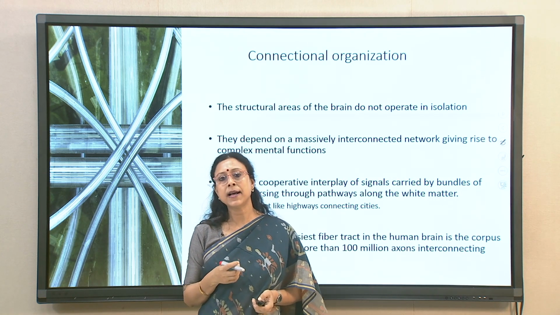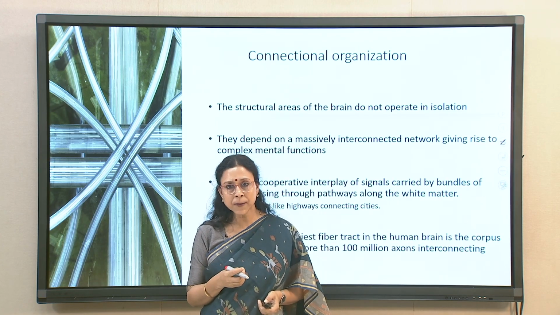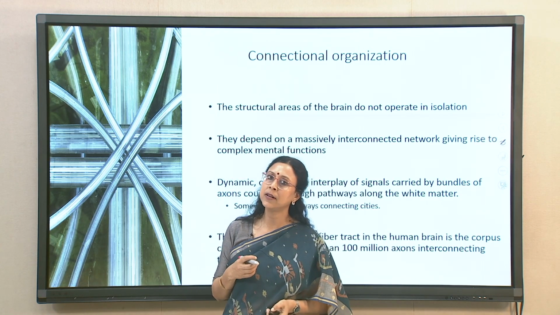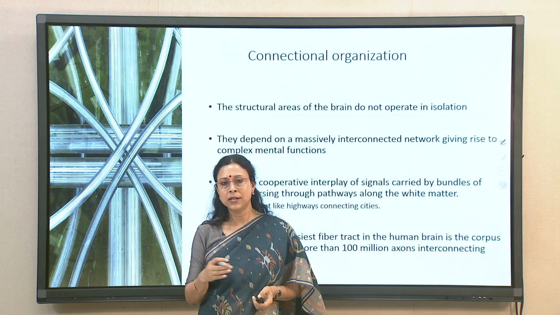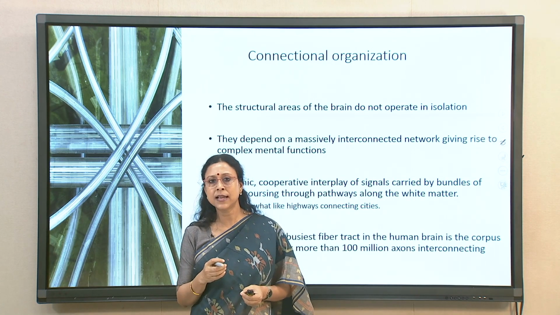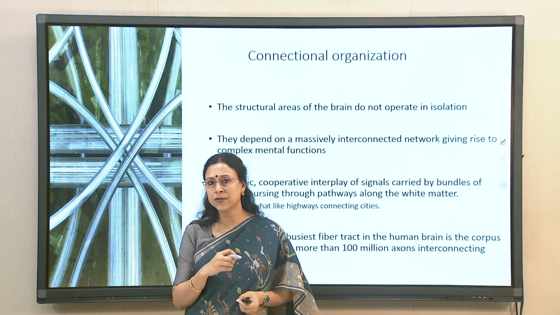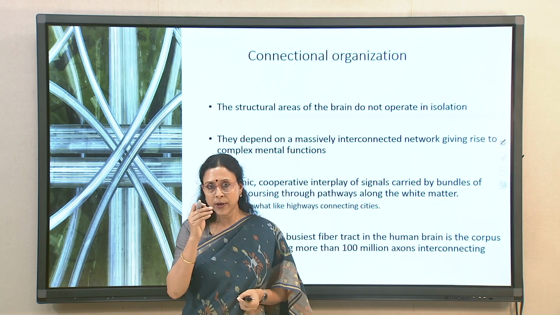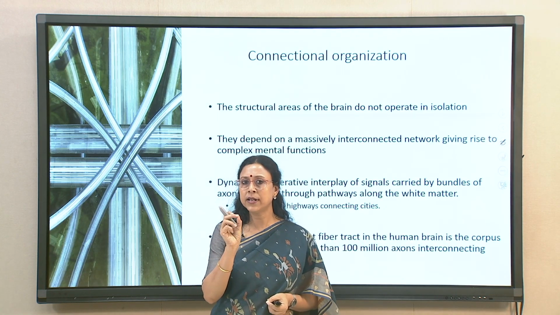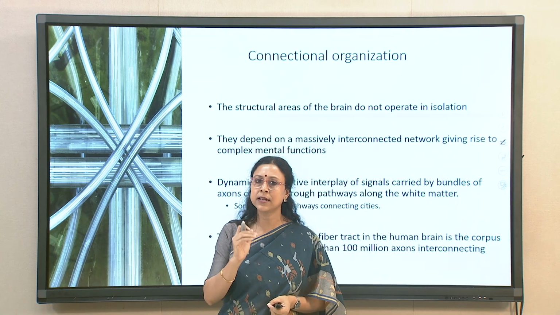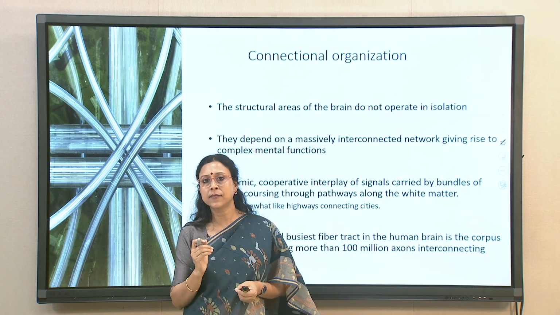It depends on a massively interconnected network giving rise to complex mental functions. There are lots of interconnections, as we saw on a very minuscule scale in the case of cytoarchitectonic architecture, how within a very tiny area of the cortex there are 6 layers and each layer has different functions and different kinds of connections.